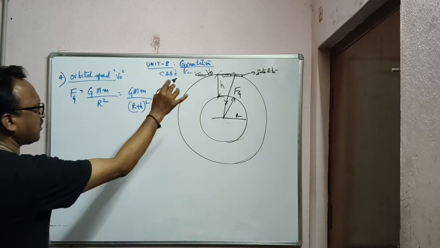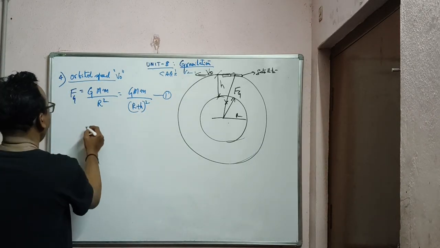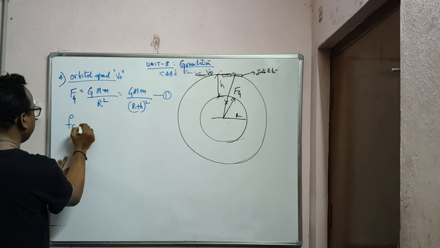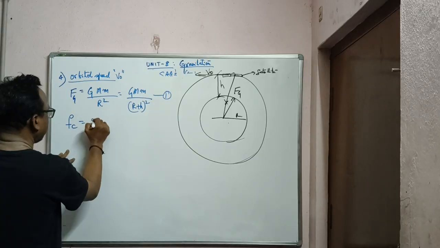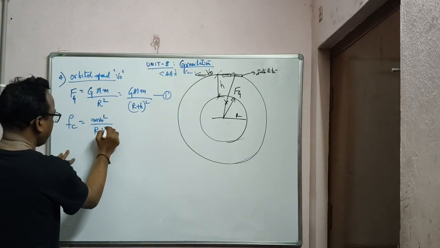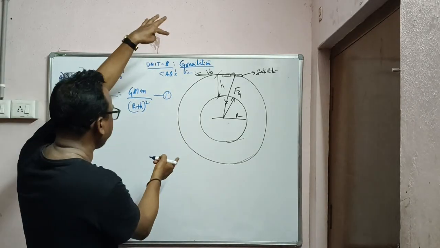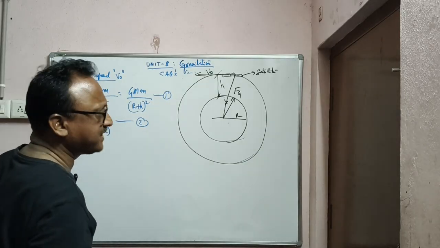This is the gravitation force between the satellite and the earth. Now what is the centripetal force which is helping it not to fall? Centripetal force is m v0 square by r plus h, because the distance is r plus h, since it is at a height. Equation 2. So those two forces are balanced.